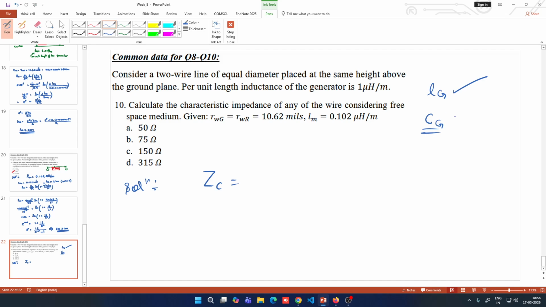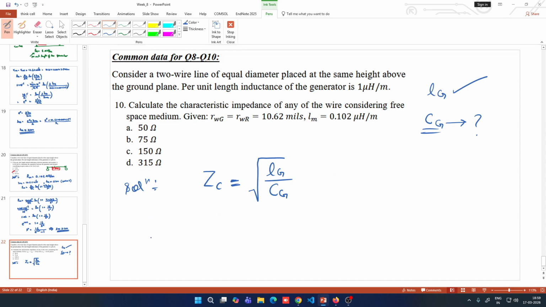The only thing we have to find is CG, and then we can find the characteristic impedance ZC, which is given by the square root of LG by CG. So now we have to find the per unit length capacitance of the generator, CG.